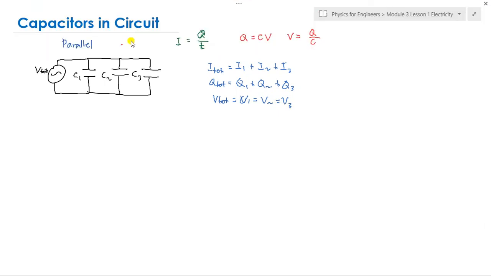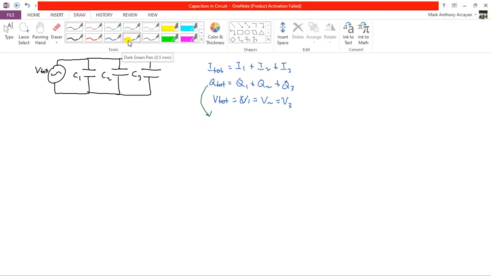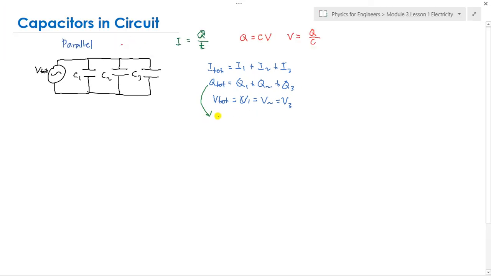So here we're going to base our derivation on the charge. From the charge, Q is just capacitance times the voltage. That would be C total times V total is equal to, for Q1, C1 V1 plus Q2, C2 V2 plus Q3, C3 V3.